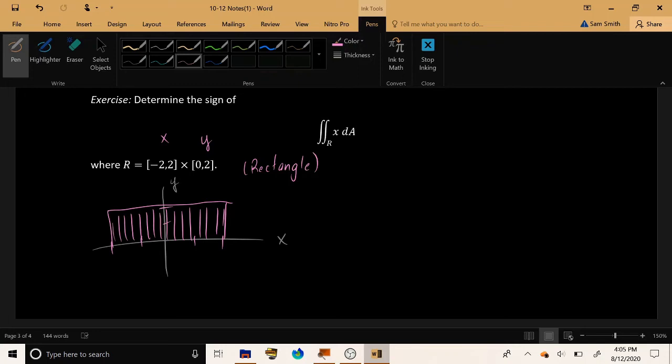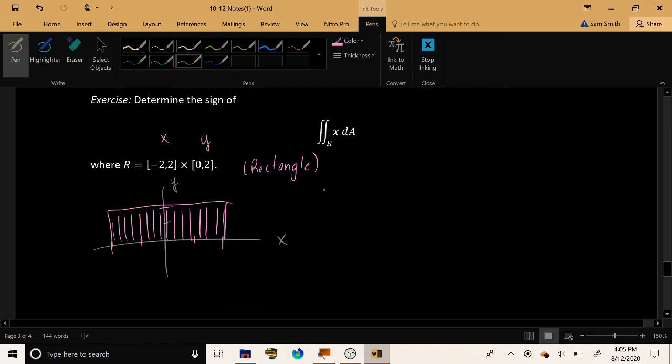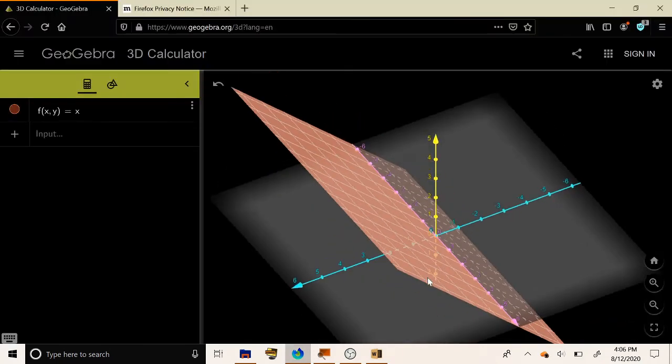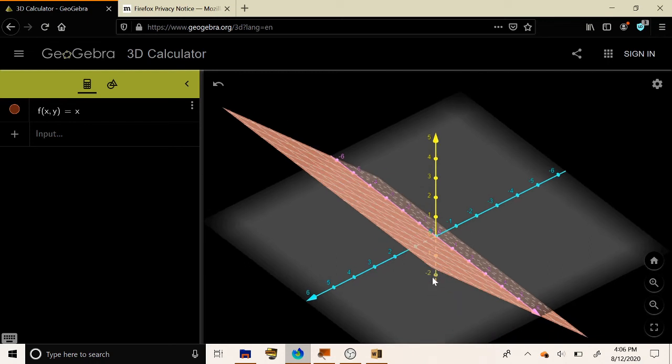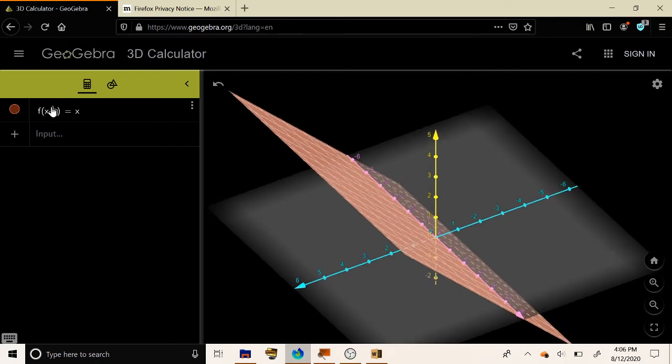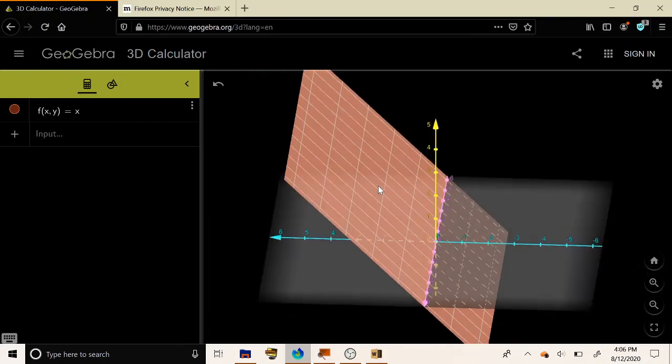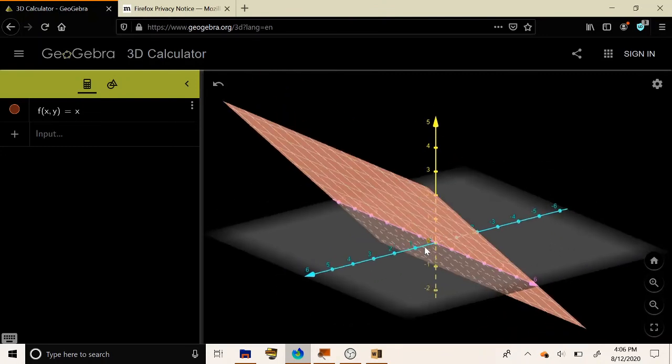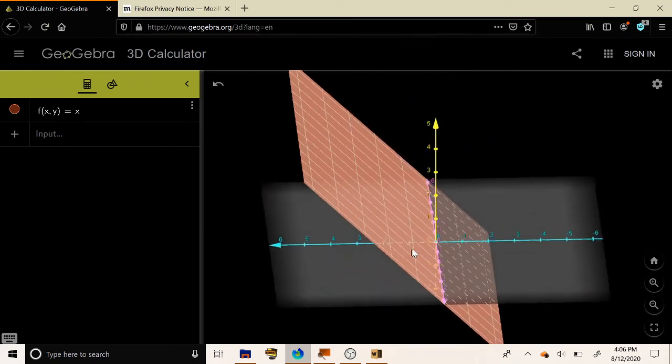So let me show you another technique, which involves using technology to get the graph of the function. Okay, so here we are on GeoGebra, and here we have graphed the function f of xy is equal to just the x value. The y value doesn't have any effect on the output of this function. So graphed in 2 dimensions on the xy plane with the output z acting as the third dimension, here is the graph of our function.